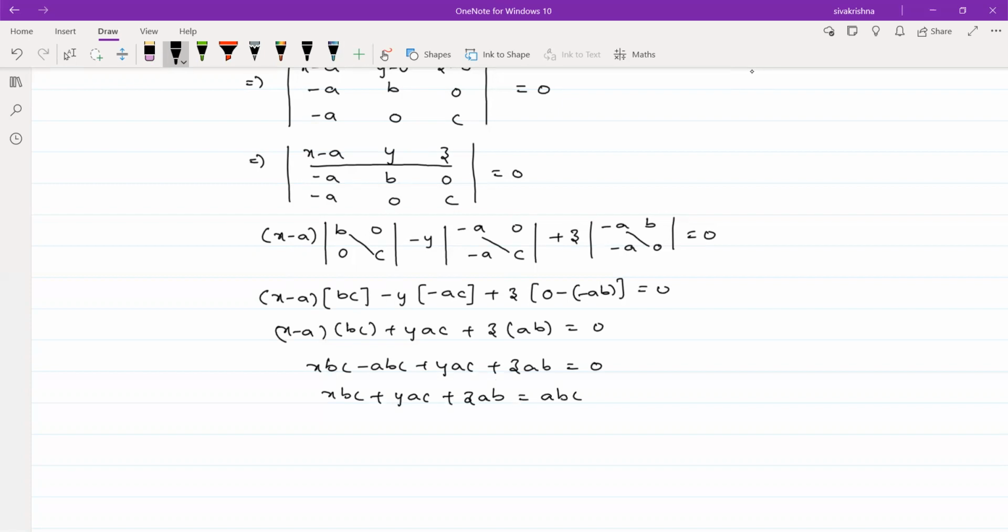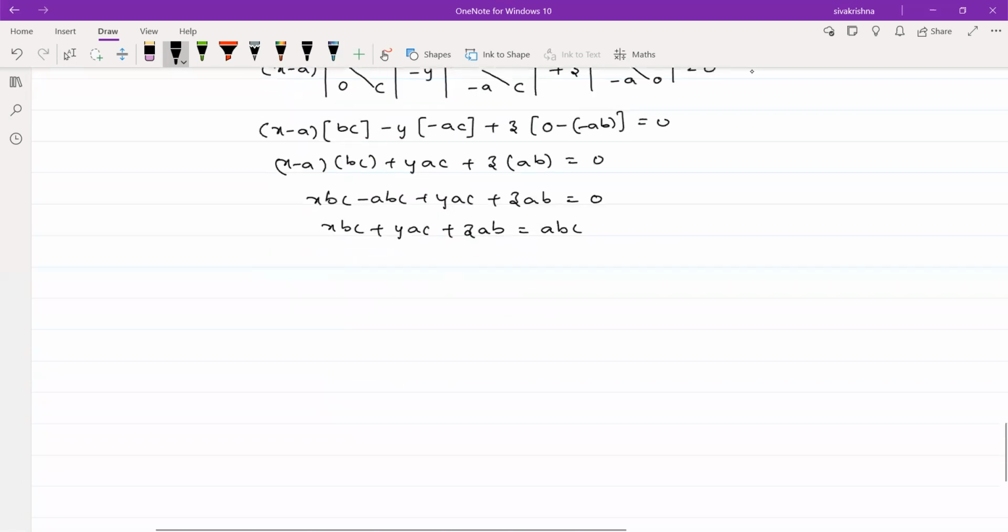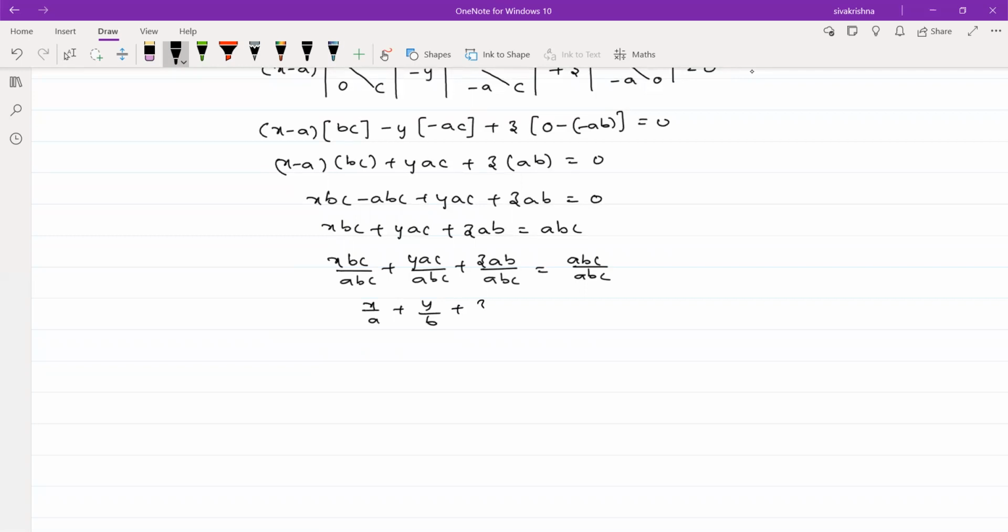If you divide the whole equation by abc, we get xbc by abc plus yac by abc plus zab by abc, equal to abc by abc. So we get x by a plus y by b plus z by c is equal to 1.